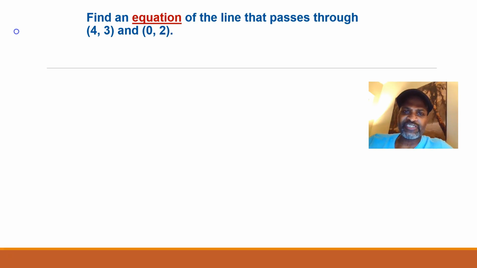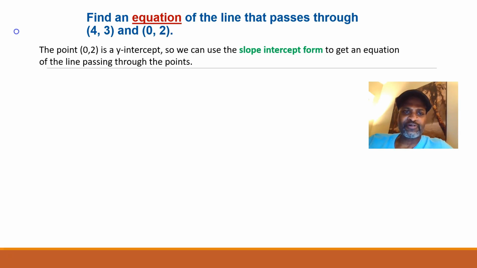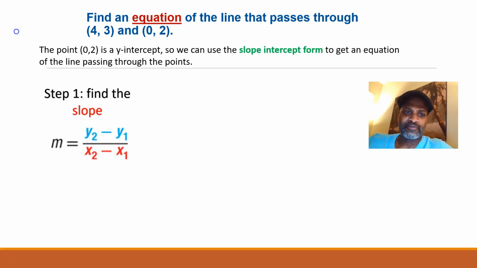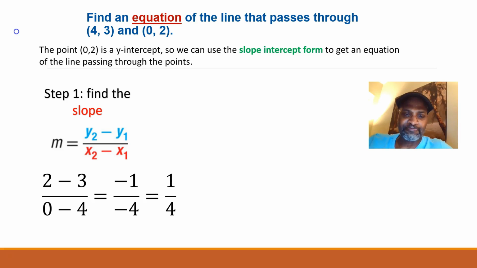Let's find the equation of the line that passes through the points (4, 3) and (0, 2). The point (0, 2) is a y-intercept because x is equal to 0. So we can use the slope-intercept form to get an equation of the line passing through the points. 2 steps. First step, find the slope. There's the slope formula, and let's substitute into it.